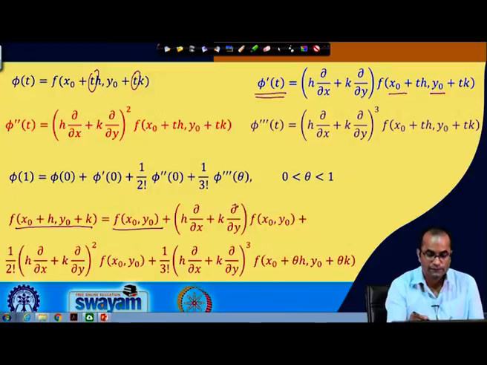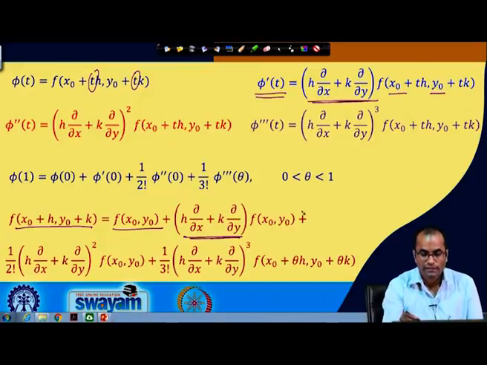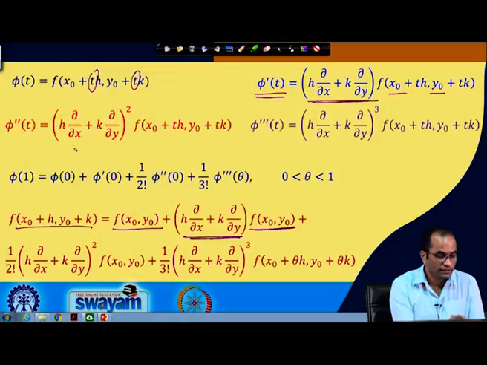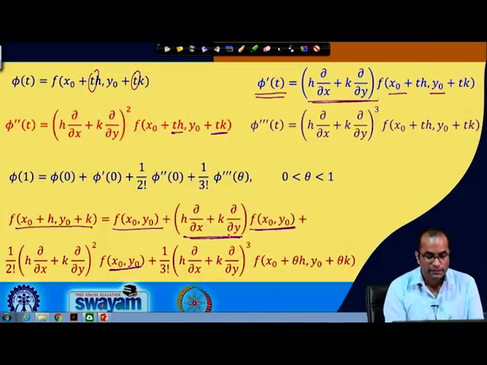This parenthesis here has h and the first order partial derivatives, evaluated at the x 0 y 0 point. Similarly, for the second order term, again t will be set to 0, so we will have the x 0 y 0 point. For the third derivative term, it will be computed at the theta point.